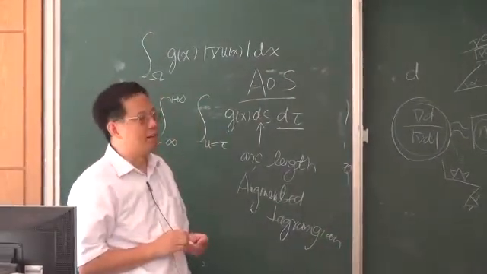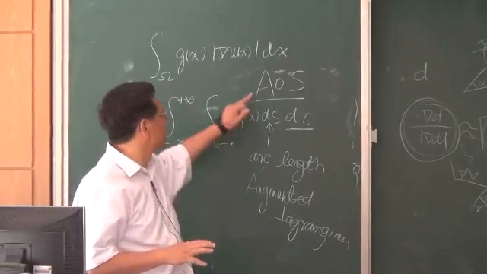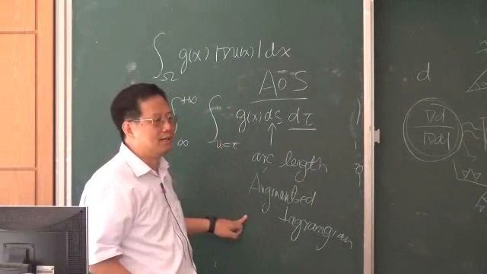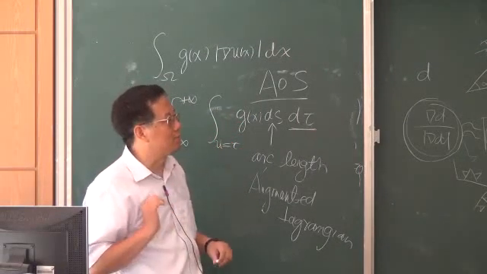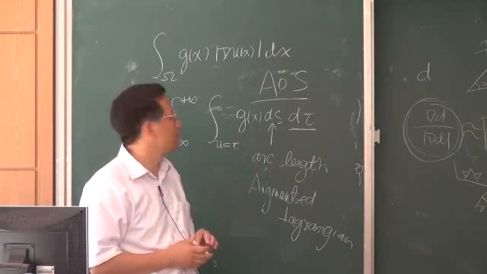There were a number of other methods, but we don't have time to talk about all of them, so I will pick out the AOS and the augmented Lagrangian. Mostly we will do that by tomorrow, and then we finish those and go to the second part.